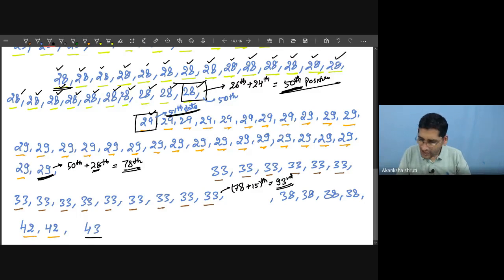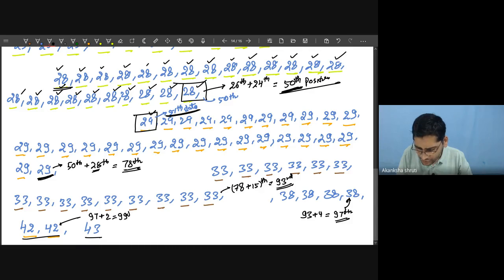And 38, how many times? 4 times, so add it. The last of the 38 will be 93 plus 4, the 97th position. This 42 will be 97 plus, how many 42 are there? 2, so the 99th position. Observe this, only one is there. So 99 plus 1 is equal to the 100th position.